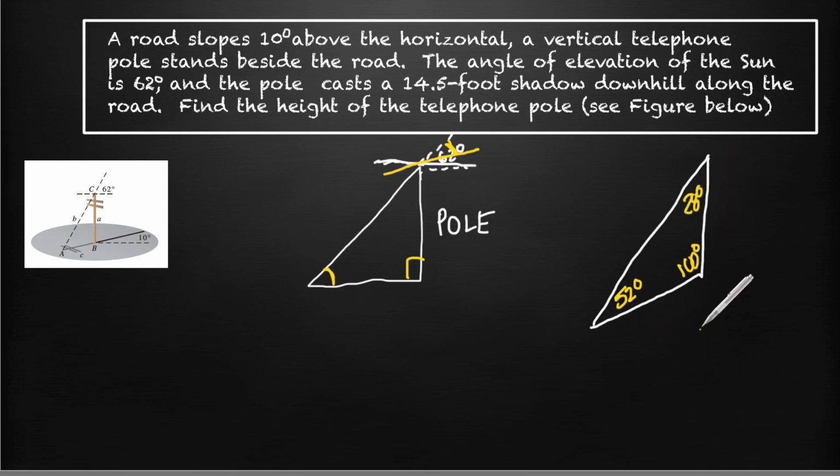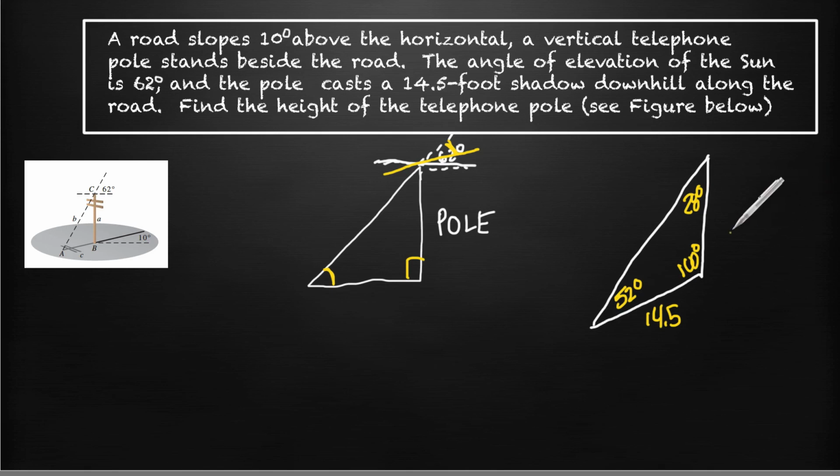And so now we have all three of our angles, and the pole casts a shadow of 14.5 feet downhill. So that is the shadow. So now we have an angle, side, angle triangle, and we can use law of sines.